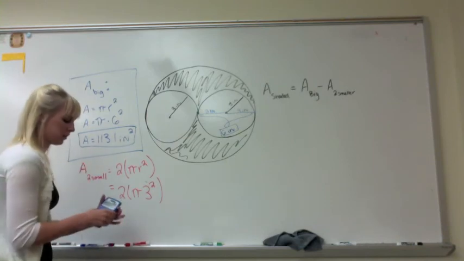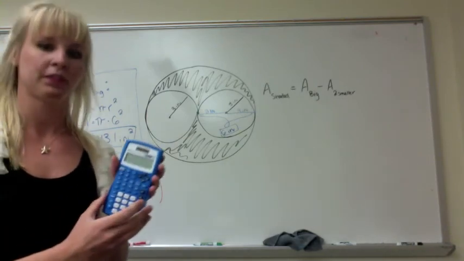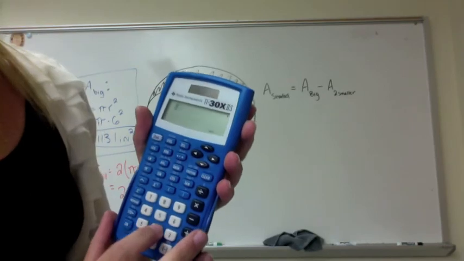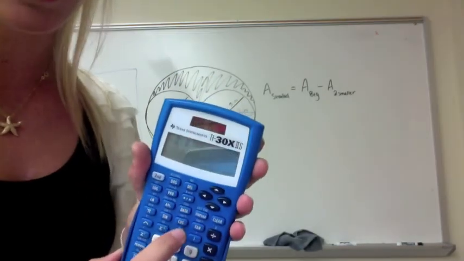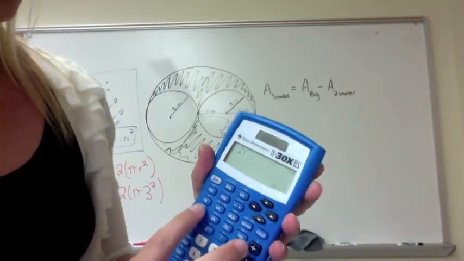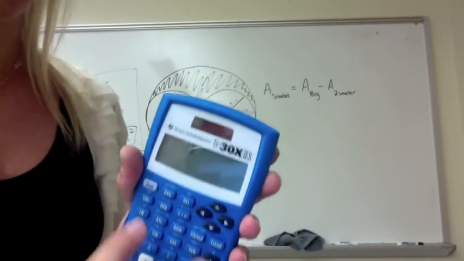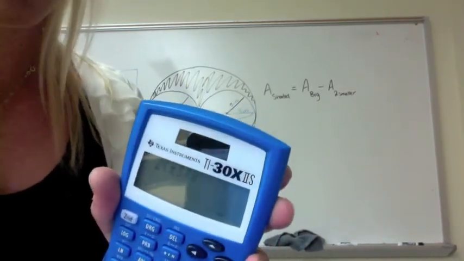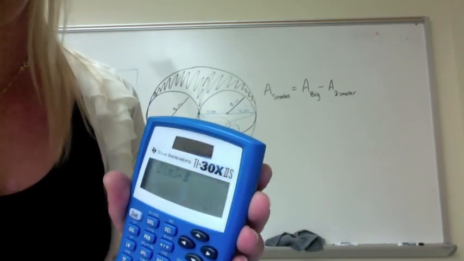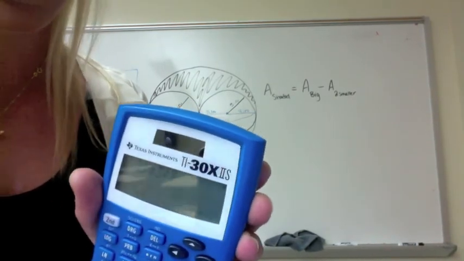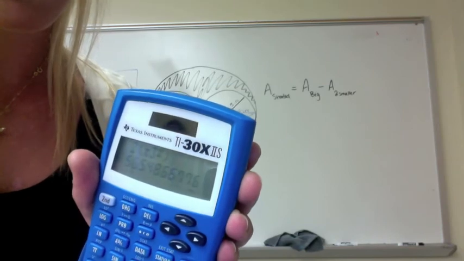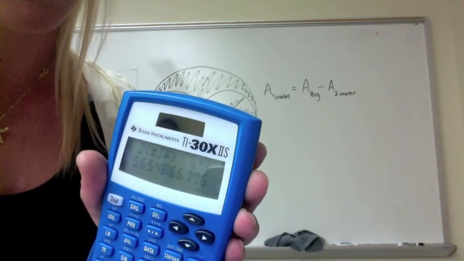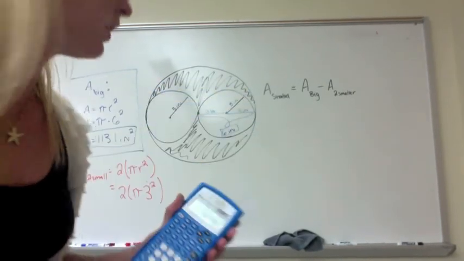So now I'm going to do that on my calculator. I'm going to take 2, put parentheses in, so 2 times pi times 3 squared. I don't need the parentheses, but I'm just going to because it looks better. Okay? And that's equal to 56.5.